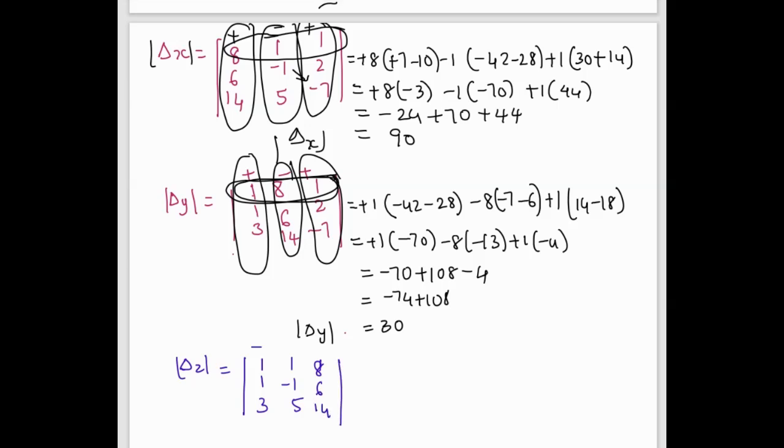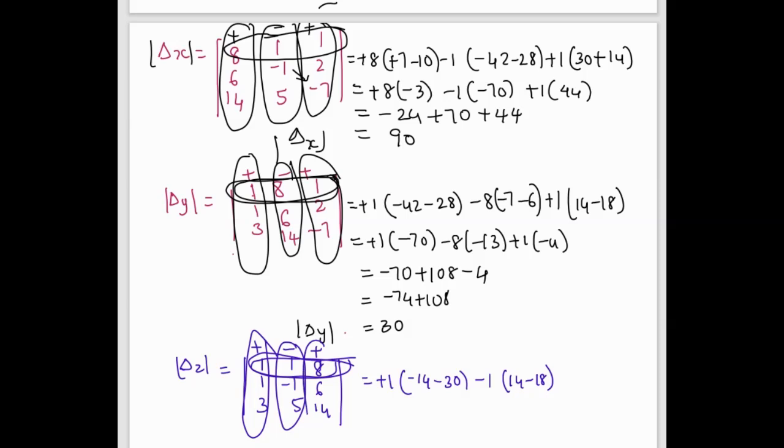So now simplify this, plus minus plus. So it will be first row and first column you take. So it will be plus 1 into minus 14 minus 630. Then it will be minus 1 into, if you take this 2, it is 14 into 1 is 14 minus 18.